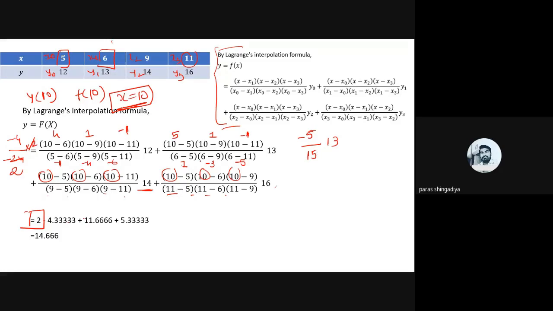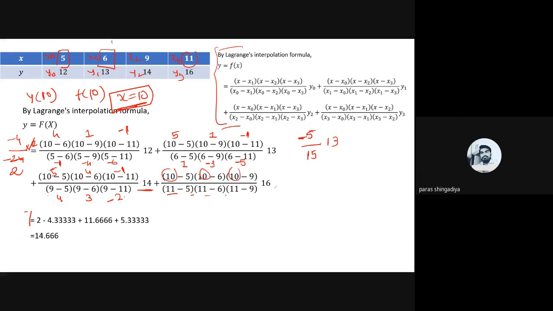You will get that answer, and it is negative, okay, because here only one sign is negative, and here both are negative. That is the answer of the second one. Now the third one: 10 - 5 is 5, 10 - 6 is 4, and 10 - 11 is -1, 9 - 5 is 4, 9 - 6 is 3, and 9 - 11 is -2, clear.